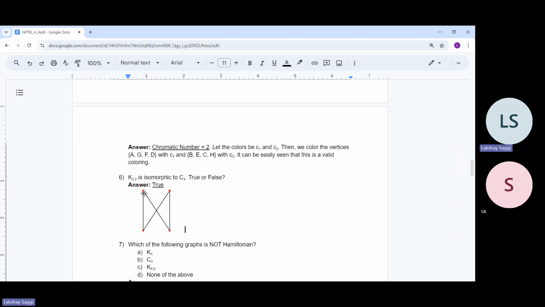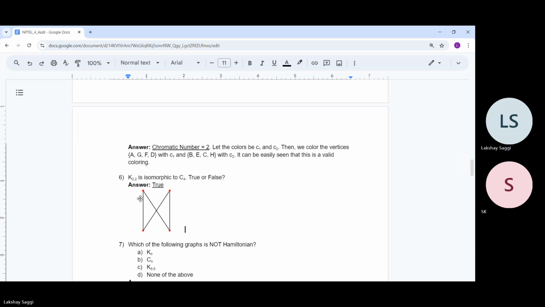On a high level, this graph is just a cyclic graph of four vertices. Why is this the case? If we start from this vertex, then go here, then here, then here, then back to the original vertex, we traverse all the edges, and this is just a simple cycle.